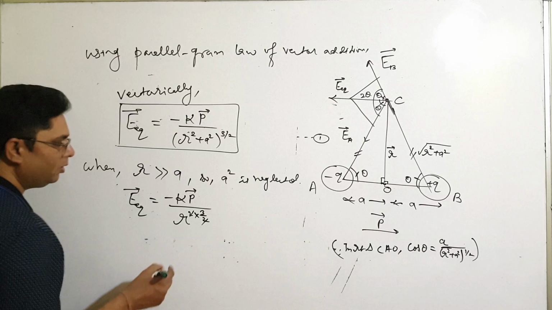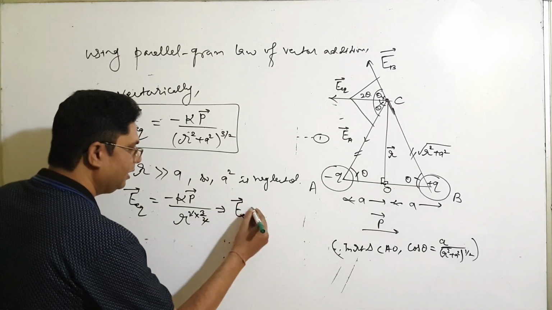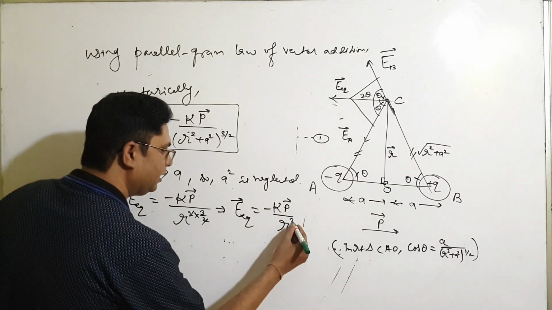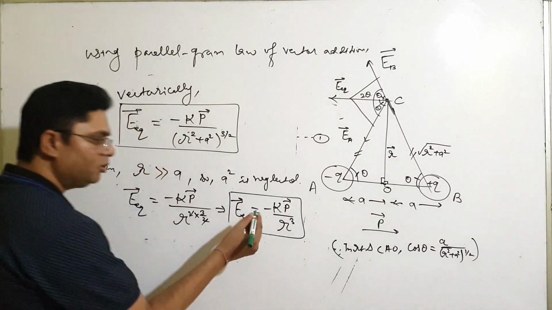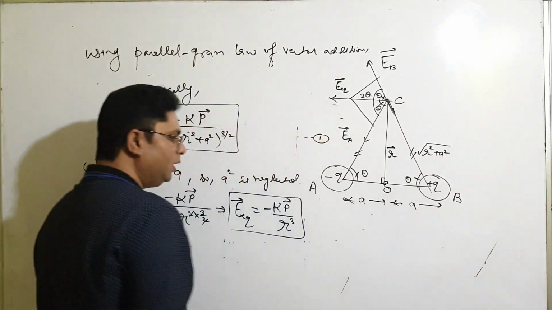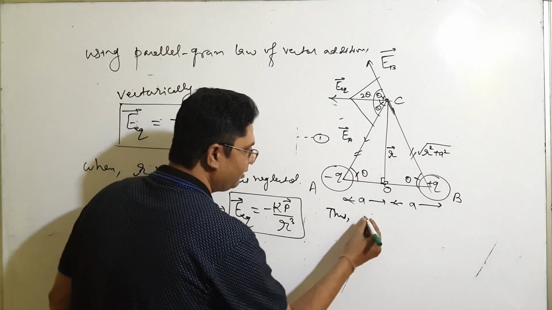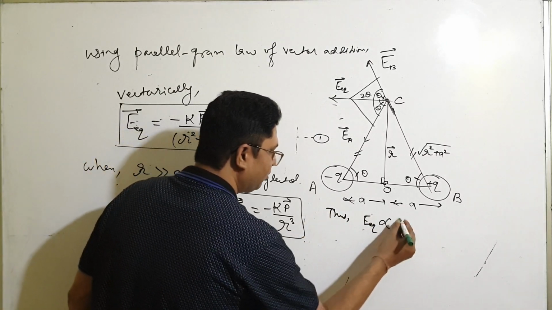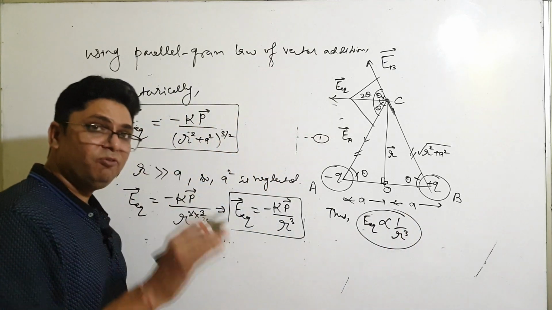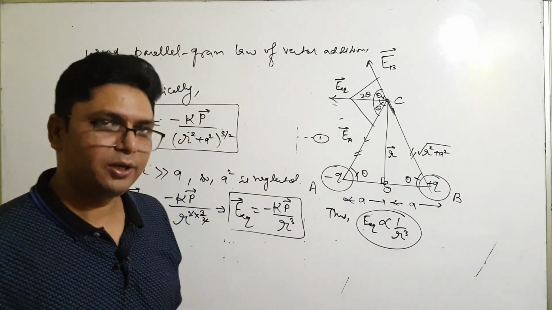Cut this 2 symbol. So what you get? You get E equatorial is equal to minus Kp upon R cube. Here also you are saying that E equatorial is proportional to 1 by R cube. Thus, what you understand? E equatorial is proportional to 1 by R cube. Note this. In the same way, E axial was also proportional to 1 by R cube.